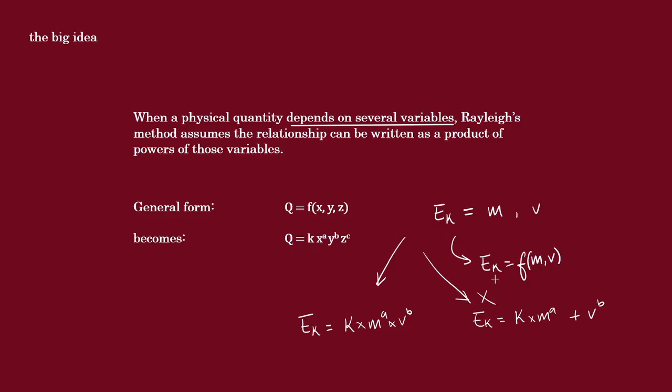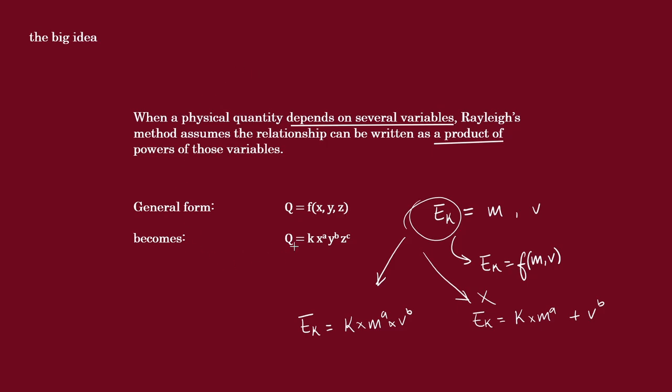So it's not going to work this way. Rayleigh's method assumes that you have a product term, a product of the powers of those variables. It's only when we're able to work with our formula this way that we're able to equate the dimensions and have the expression for what we're looking for in the first place.